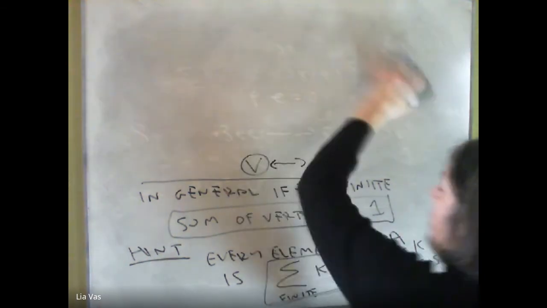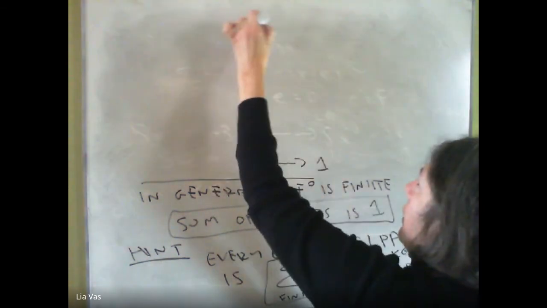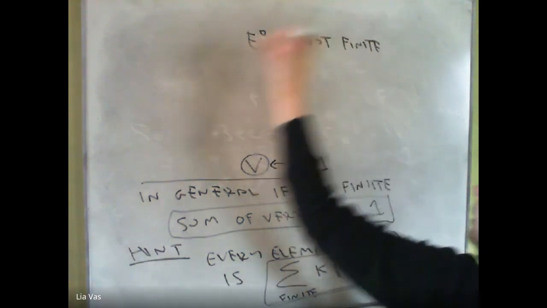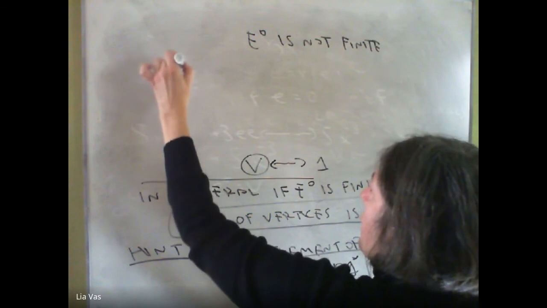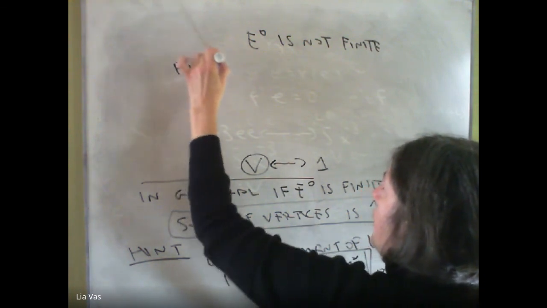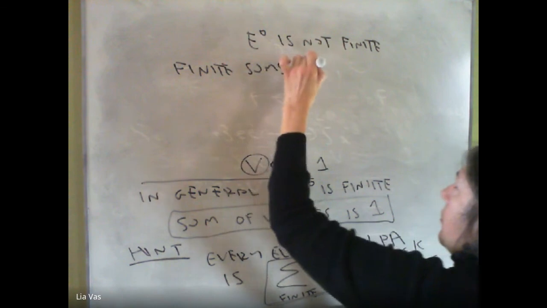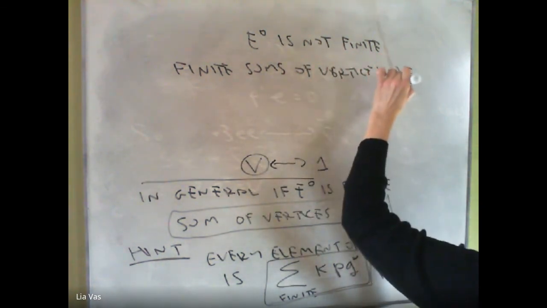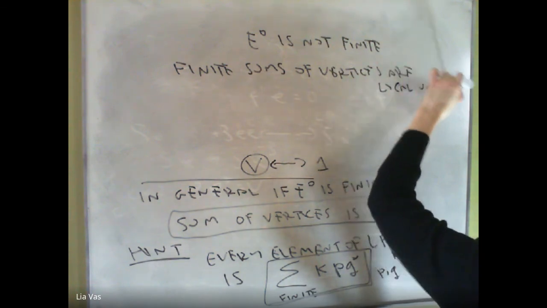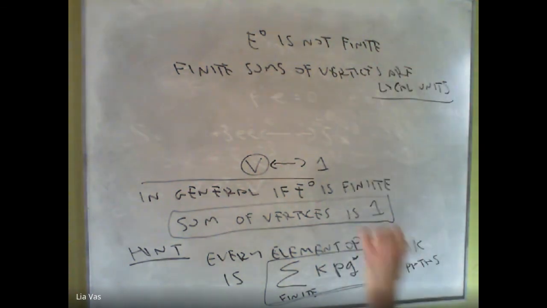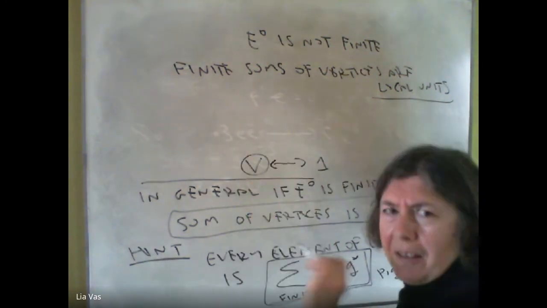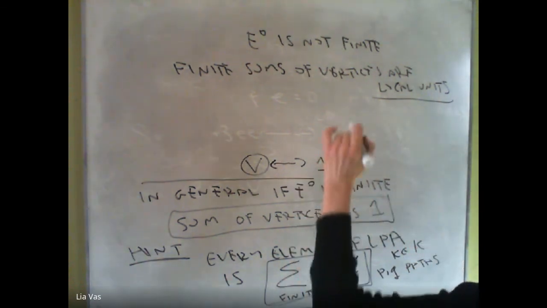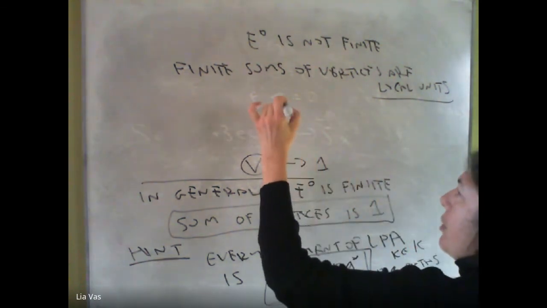I will also leave you with one last comment: if E0 is not finite, then finite sums of vertices are local units. What is a local unit? We mentioned that yesterday, when there was a question. Let me remind you what that means.